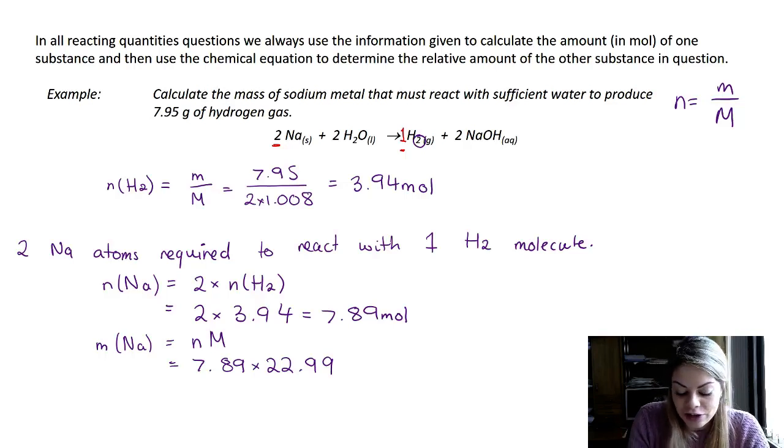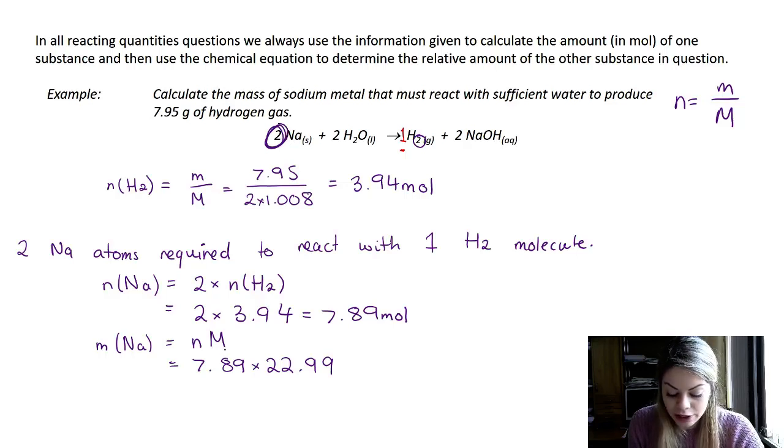You'd never use the number out the front when you're considering the molar mass. So here where I've got the molar mass of sodium, it's just one sodium, okay? I don't double it because of that 2. I've already taken that into account here, okay?